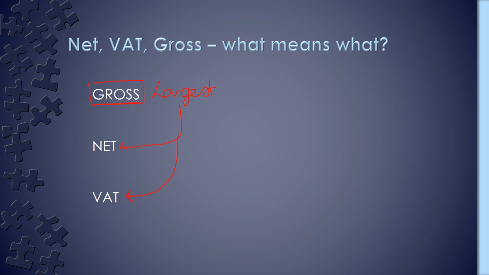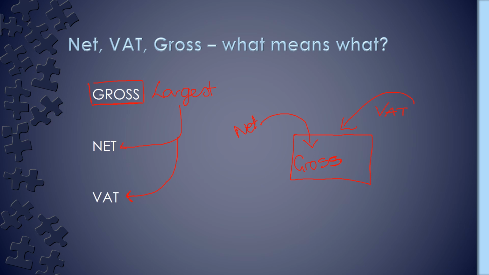You can think of it a little like a box. The box is going to be the largest thing because you're going to put things in it, so it's got to be big enough to keep things going in it. Then you're going to have your net going in it and your VAT amount going in as well.